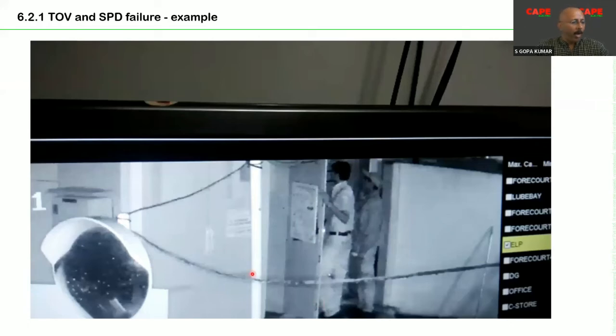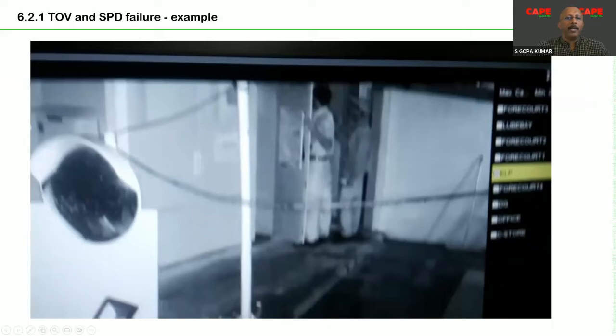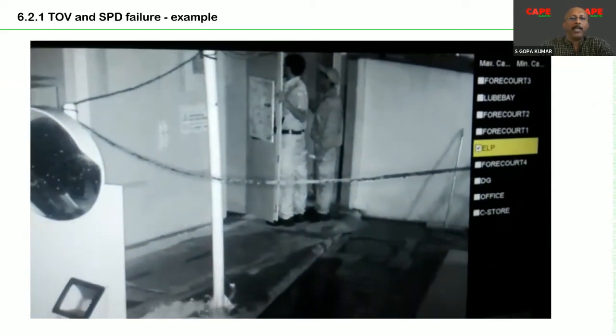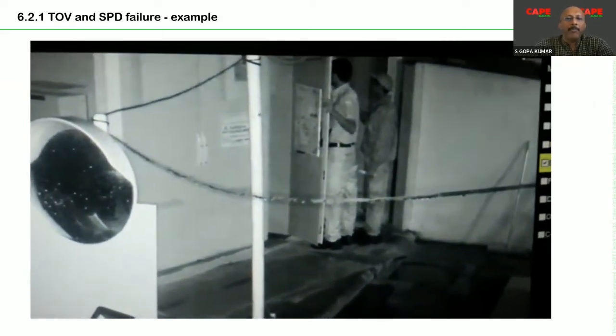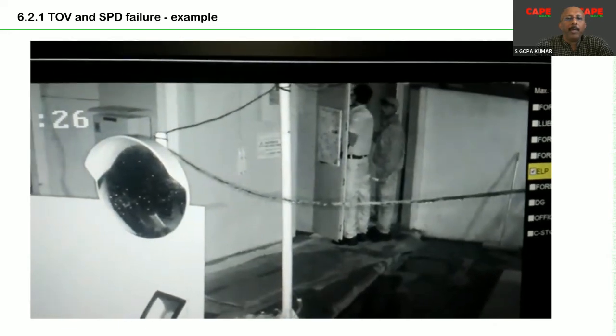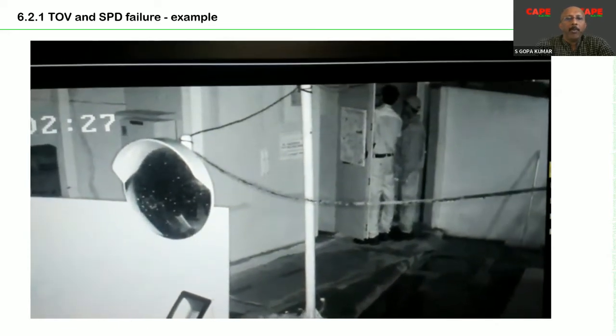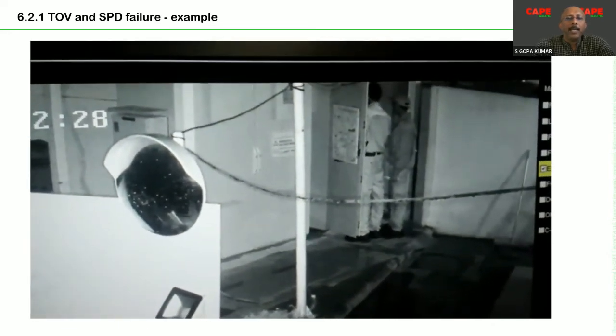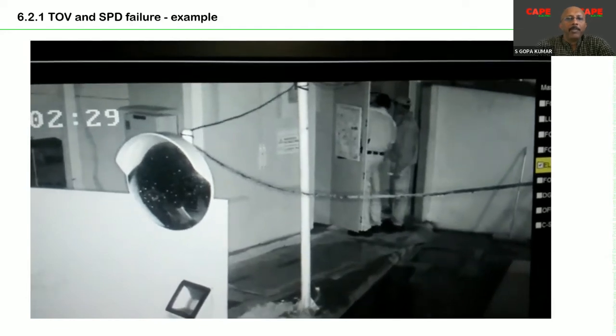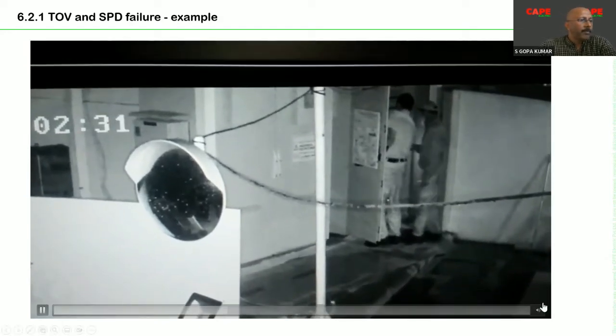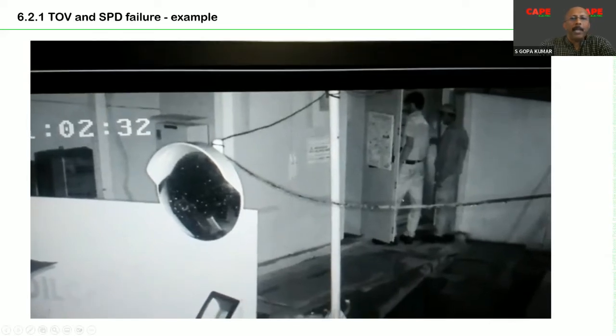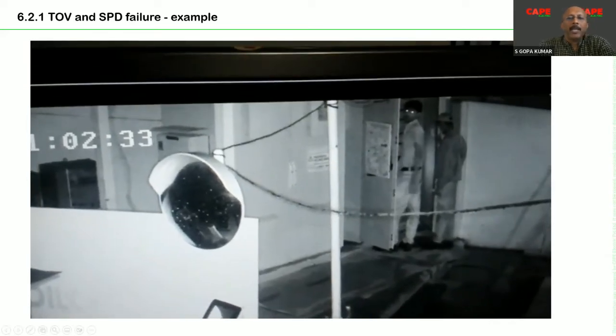Now, the video, how this is happening. You can see a video. This is a typical case of SPD failure due to temporary overvoltage. This is a petrol filling station. The previous day, something happened in the power supply. The neutral was disconnected.